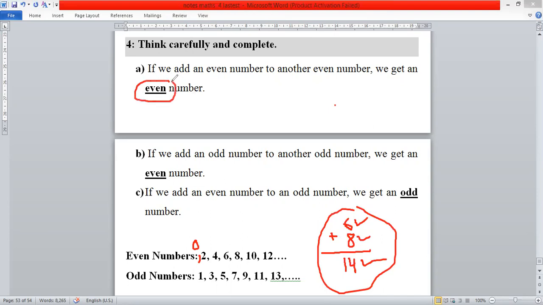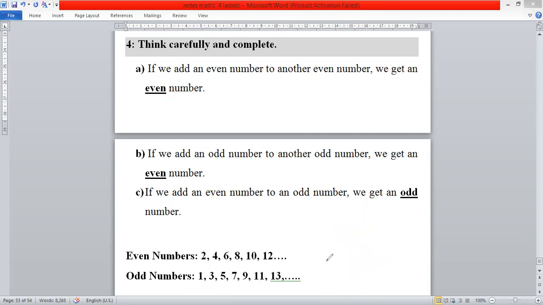The same case is applied to odd numbers. Whenever we add 2 odd numbers, we get an even number. These are odd numbers: 1, 3, 5, 7, 9, 11, 13. The numbers that are not divisible by 2 are called odd numbers.